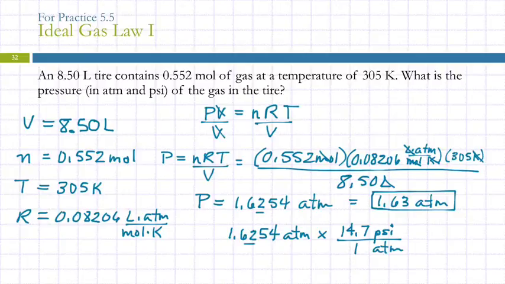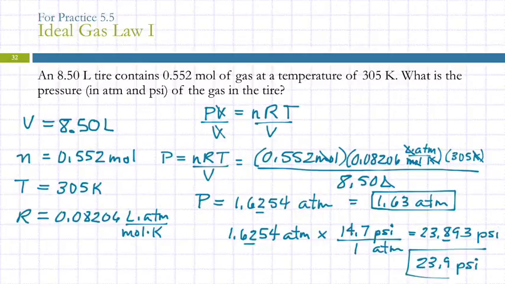So I'm going to multiply my atmosphere pressure by 14.7. I'm going to get 23.892 PSI. And then I round that, 23.9 PSI. 2 answers. Any questions?